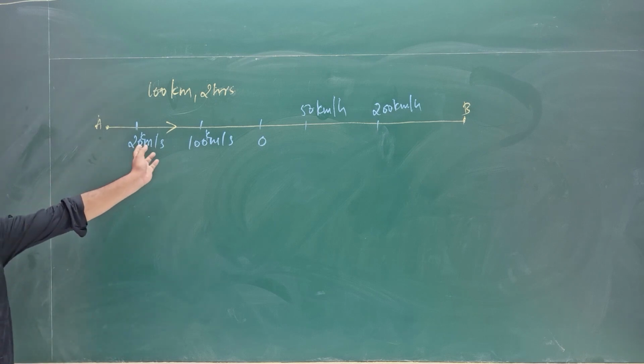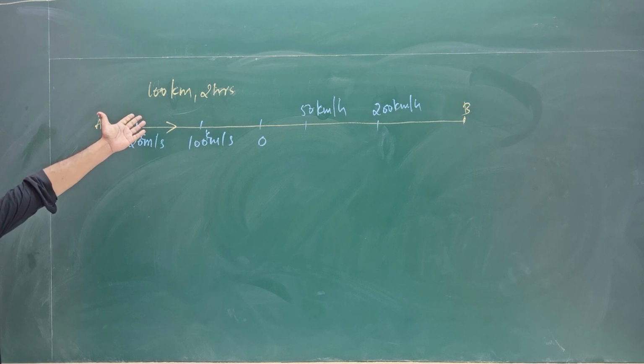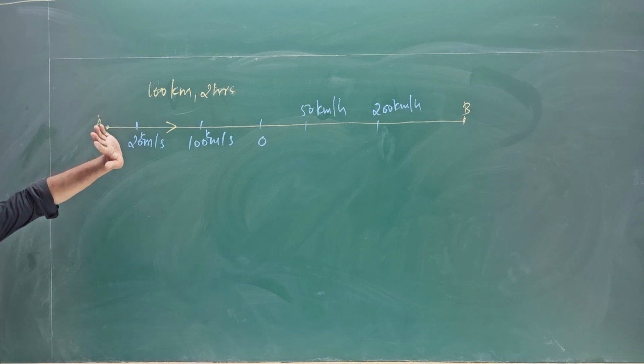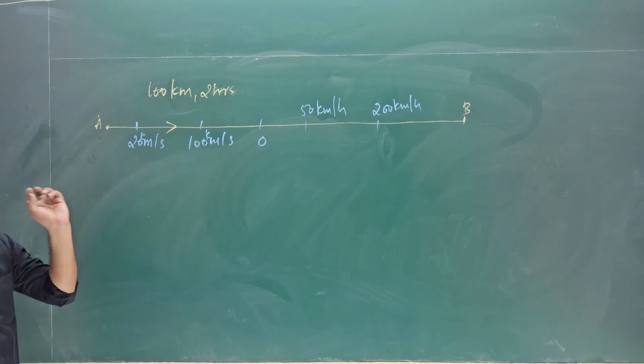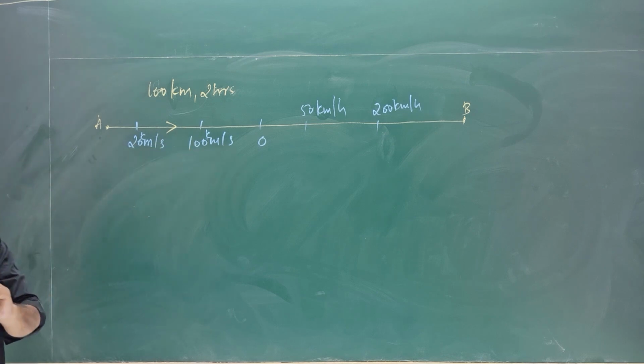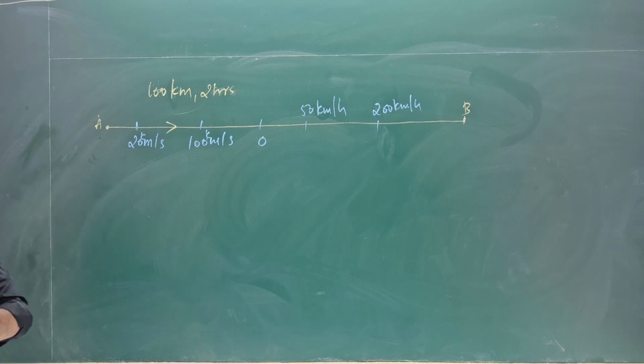If I add all these and take the mean, do I reach the average? No. Average tells you that if you move with a constant velocity or speed, you will be covering the same distance in the same time. Yes or no?